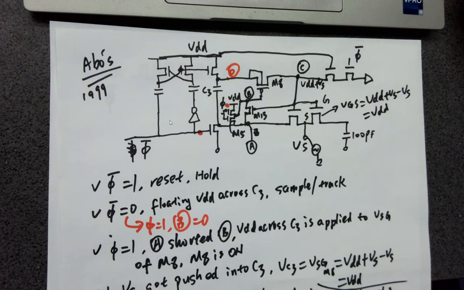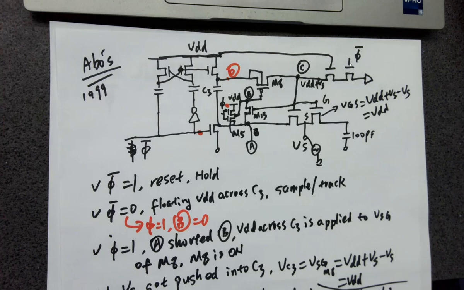It's dropping, like pulling, because whenever this one is pulling down to 0, so when it's pulling up, it's dropping, right? When it's pulling down, shut it off, and then this one is getting an isolated, floating VDD stored at the cap. So when this one is down, this is down, right? It's doing sample and track, because it's not resetting.